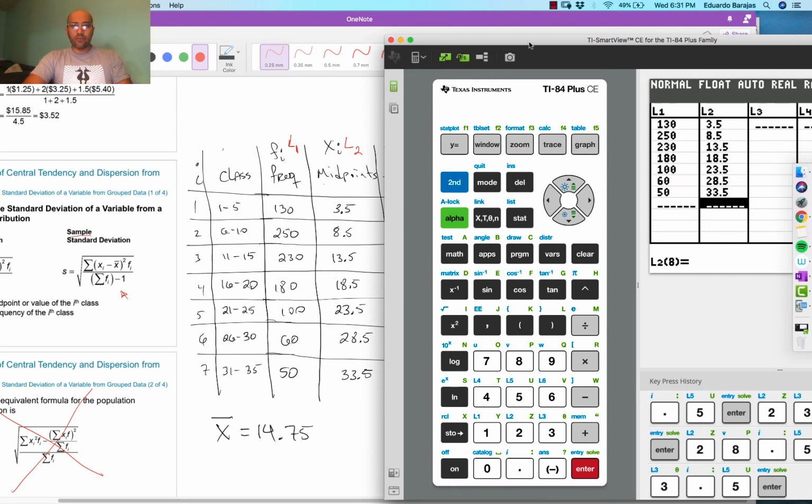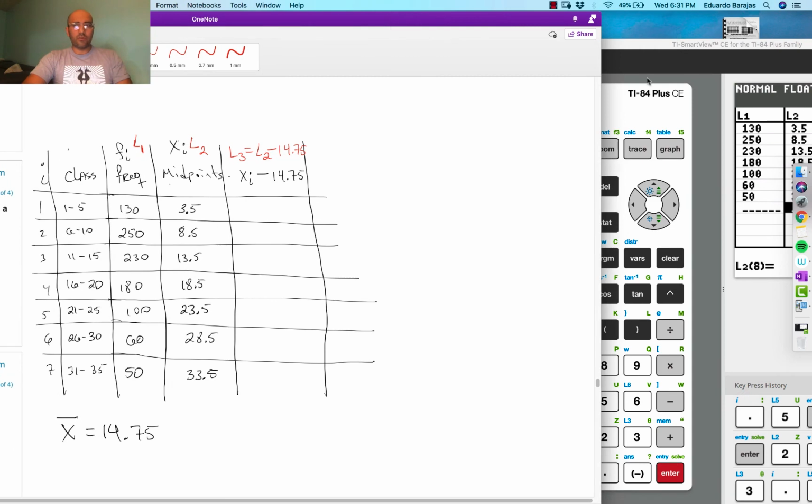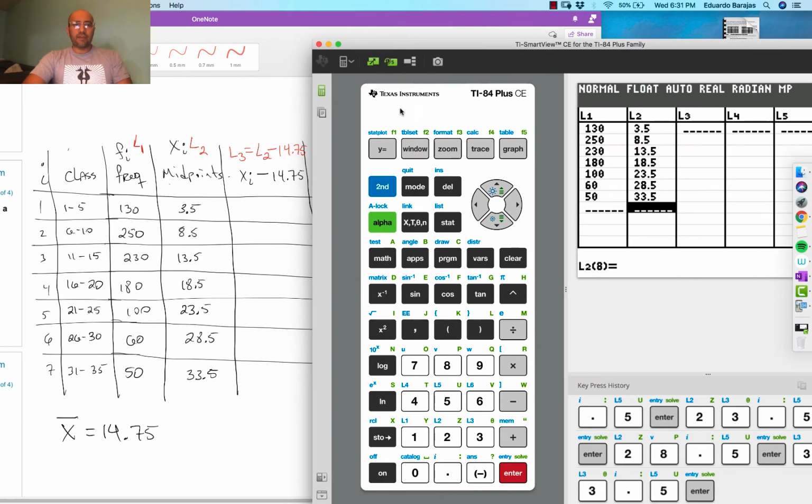Next, according to my little formula over there, the next thing I need to do is figure out what this is. So let me scoot this over a little bit. I need to figure out each one of these values minus the mean of the sample. So I'm going to go over to L3. Make sure you go up and highlight the L3, and now we can do a little equation with our columns, column arithmetic.